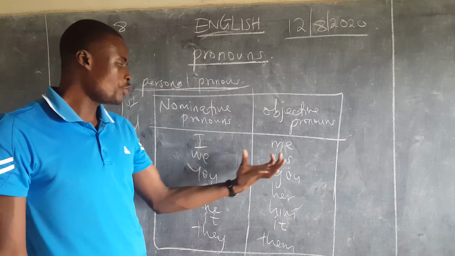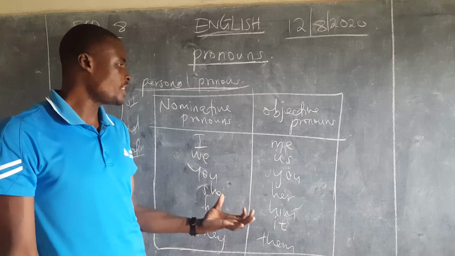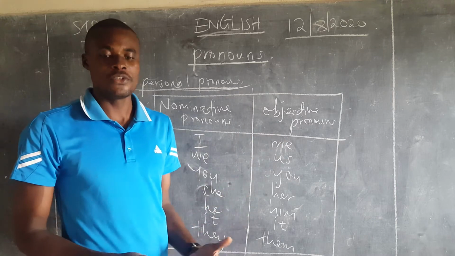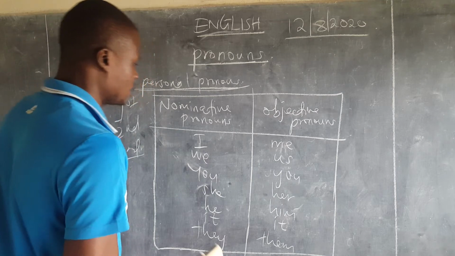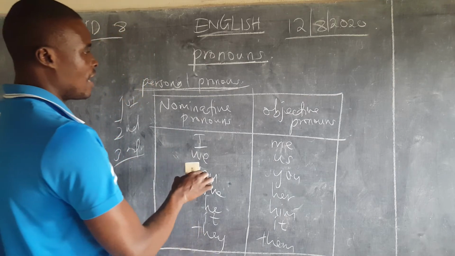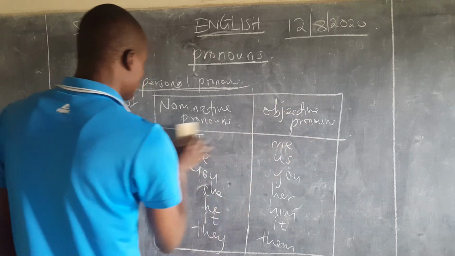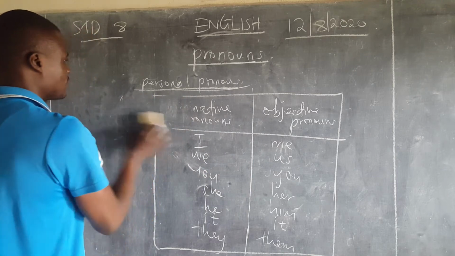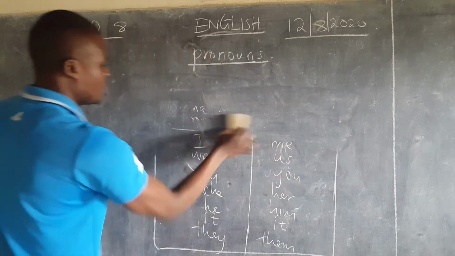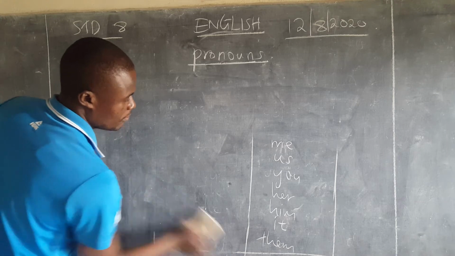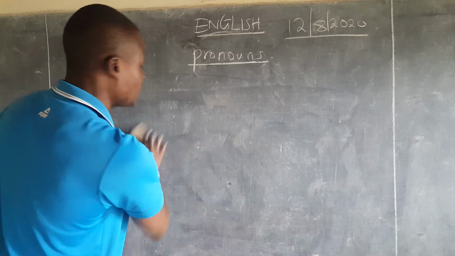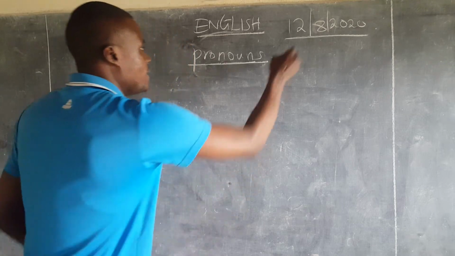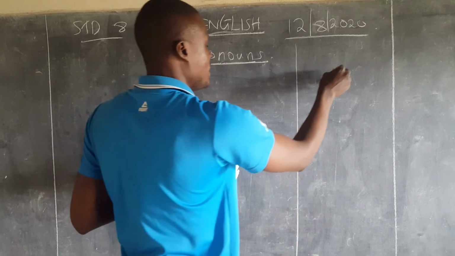So how do we use these nominative and objective pronouns in different categories? That is what we are going to look at in detail. I'm going to write them again so that we have space on the other side to write sentences.